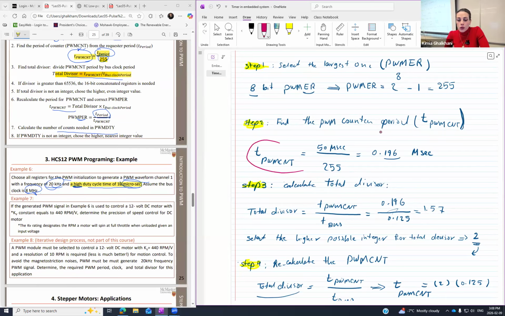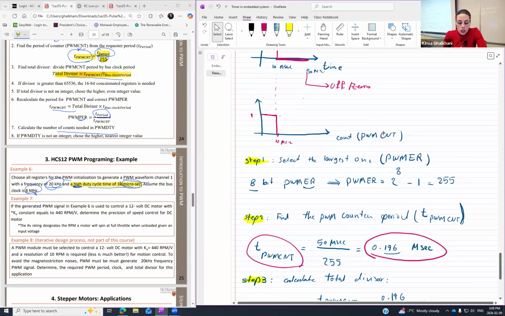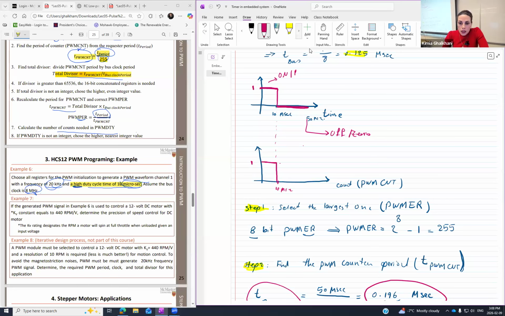My TPWM is 196.196. Now I'm going to use that information, and I'm going to say in here I'm having, suppose, 100.196 millisecond. Therefore, I'm going to continue this line. Right in here, it's going to be the same.